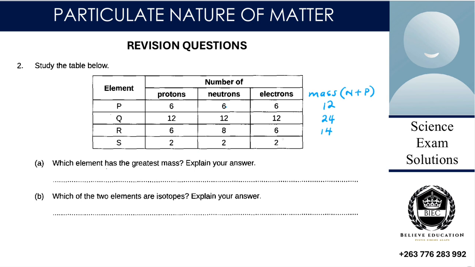Then 2 plus 2, the mass is 4. So which element has the greatest mass? Explain your answer. The one that has the greatest mass is the one with 24, that's Q.